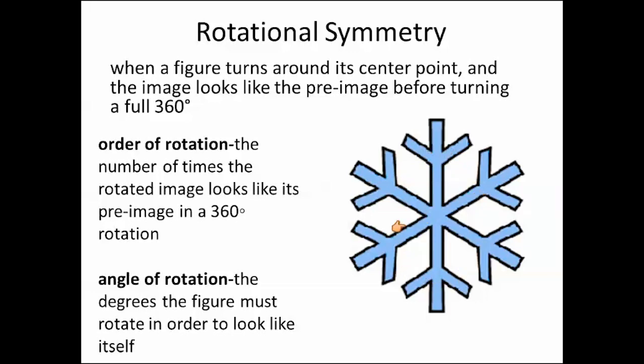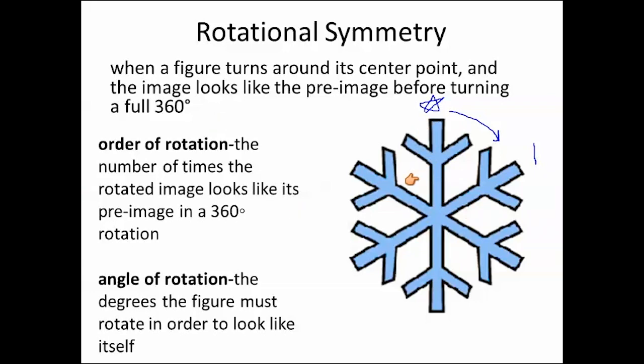So if we use our snowflake here, and we're going to say we start at the top, if I were to turn this top part of the snowflake this way all the way to here, at this point I have one turn to where it's going to look exactly like the same orientation. And so this is going to help us find our order of rotation, which is the number of times we can rotate this image to look like the pre-image that we started with.